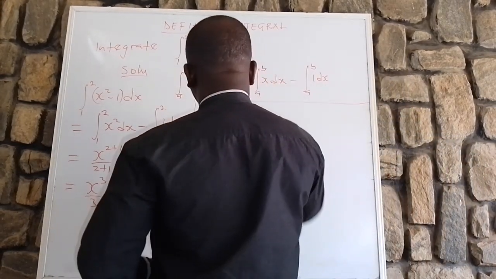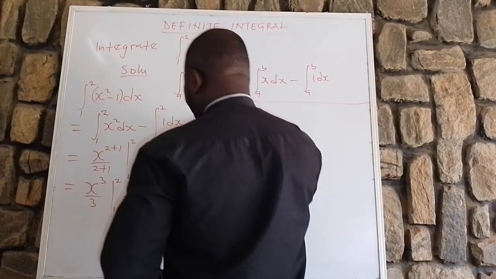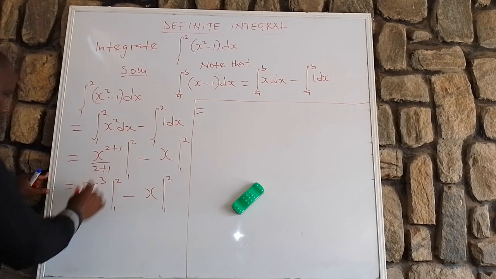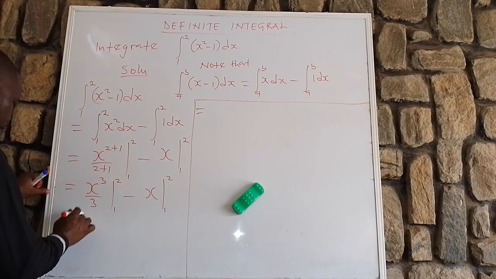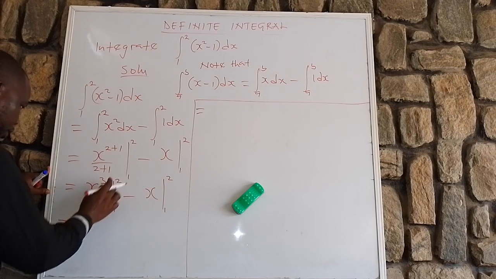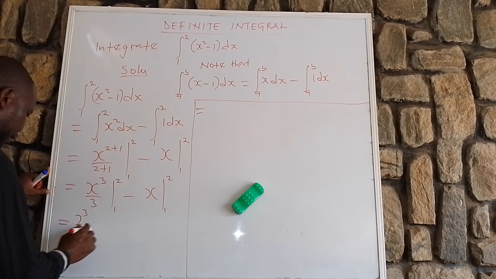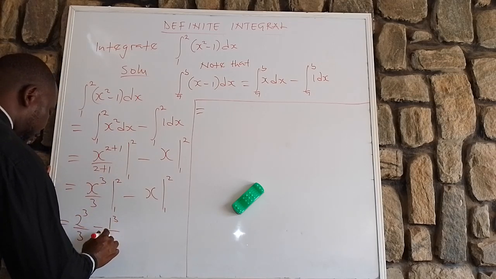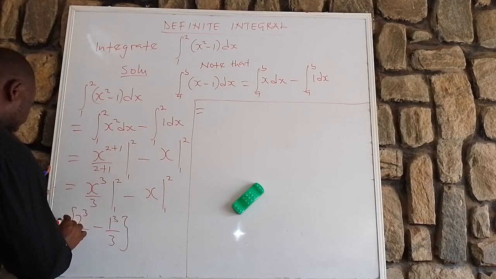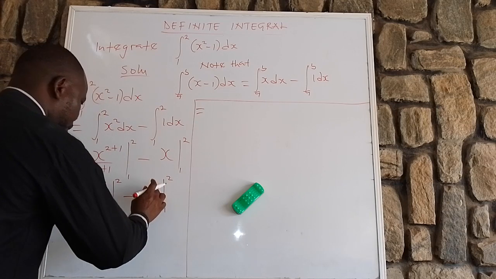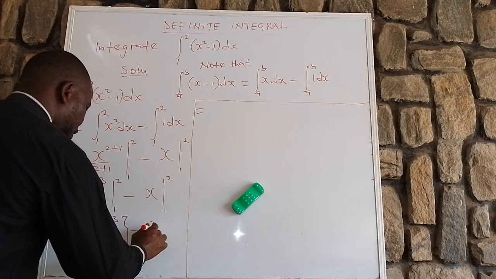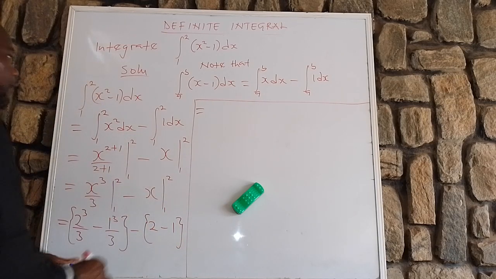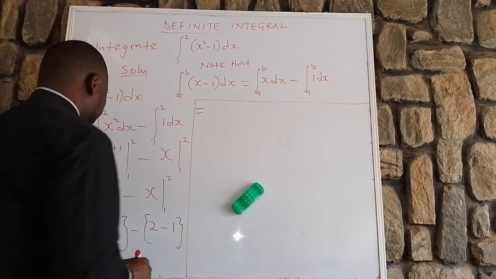So this is equal to 2 raised to the power of 3 all over 3 minus 1 raised to the power of 3 all over 3, minus the bracket, x which is 2 minus 1.